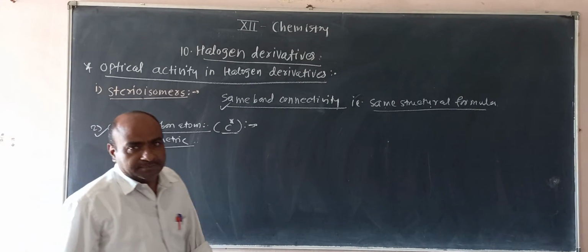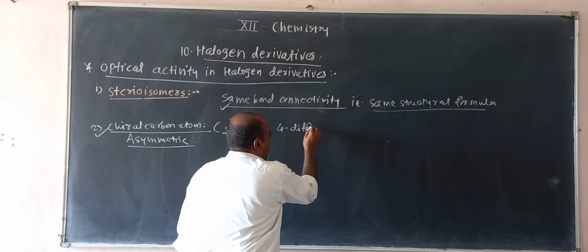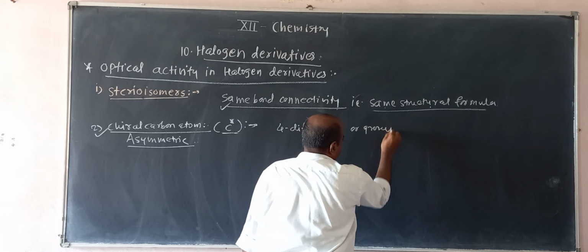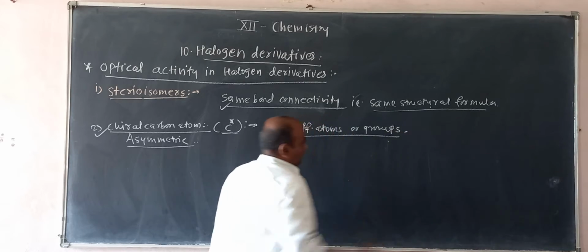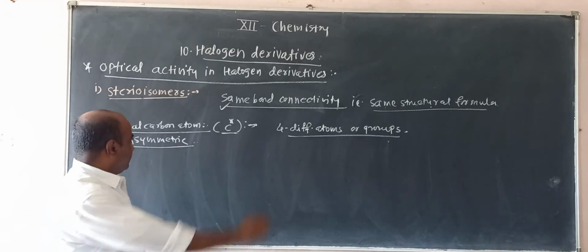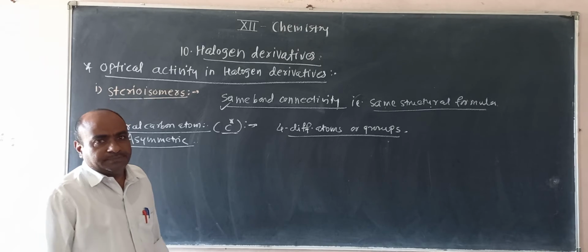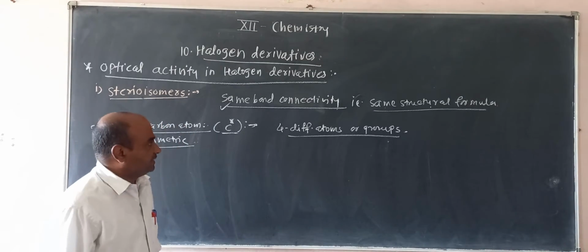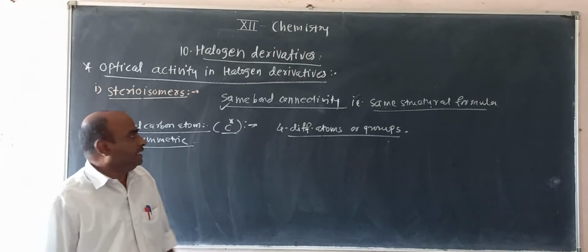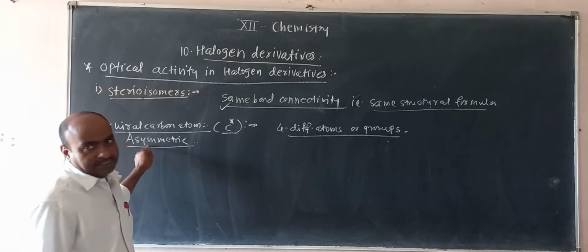If a carbon atom in a molecule carries 4 different atoms or groups, then it is called a chiral carbon atom. Said in a simple way, the carbon atom attached to 4 different atoms or groups in a molecule is called the chiral carbon atom, or the asymmetric carbon atom.